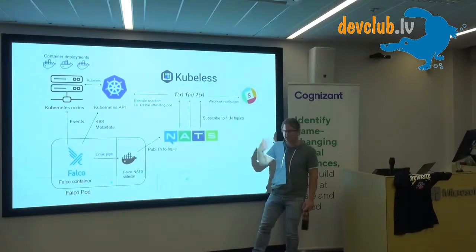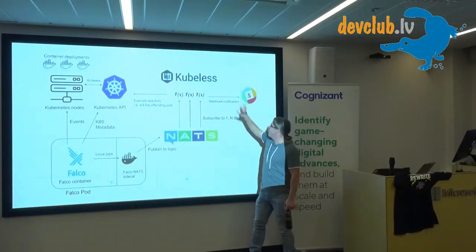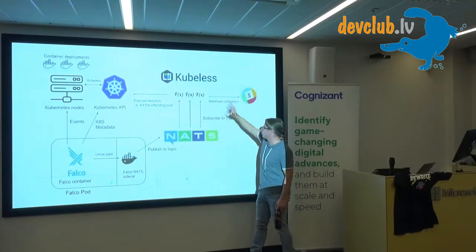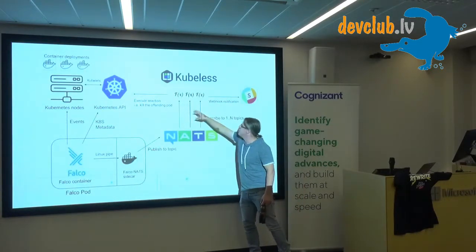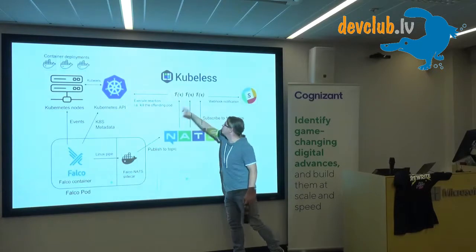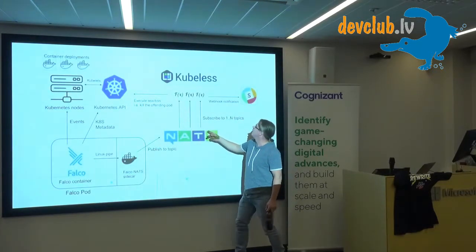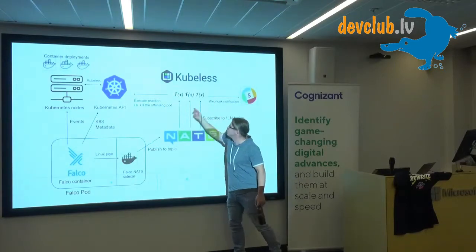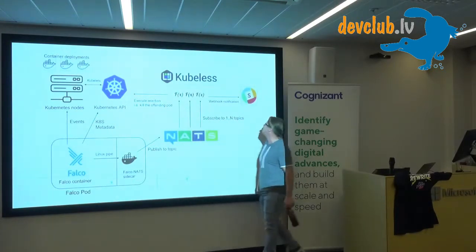This is kind of like AWS Lambda, but running right in your cluster. It has native support for the NATS message broker, so it subscribes different functions that do real actions to different topics, and when something comes in, Kubeless can invoke a function and do a real action, like calling the police, for instance, right?